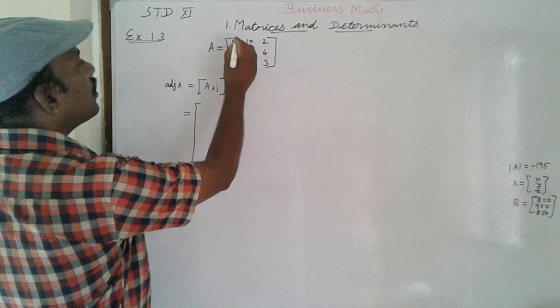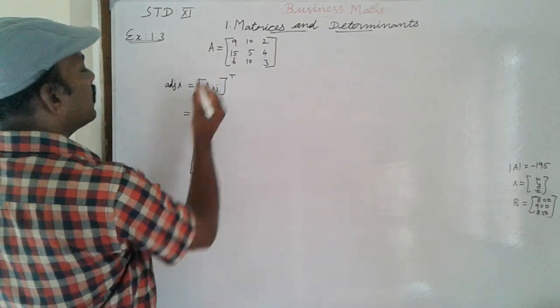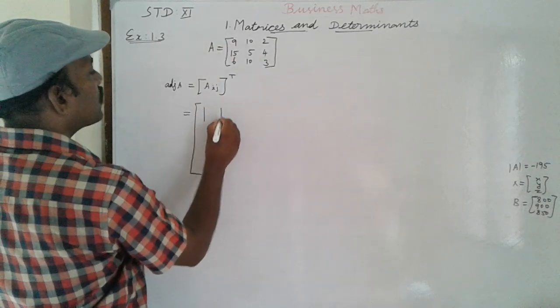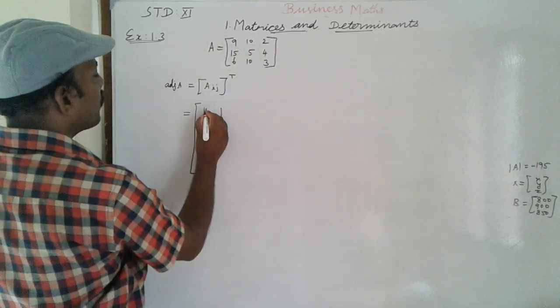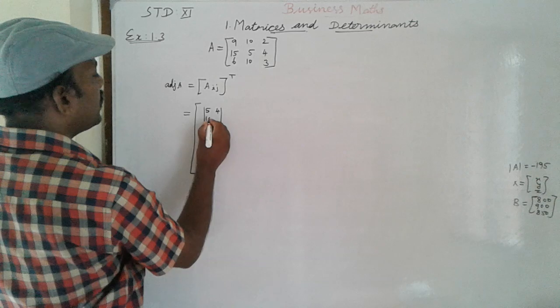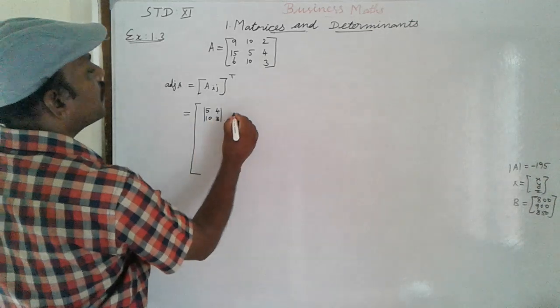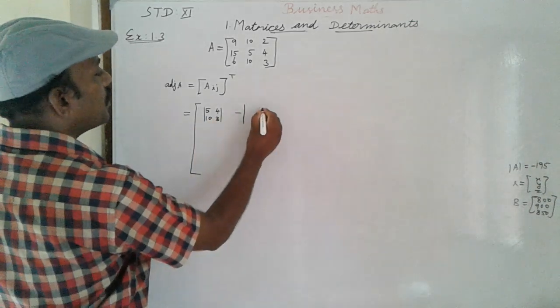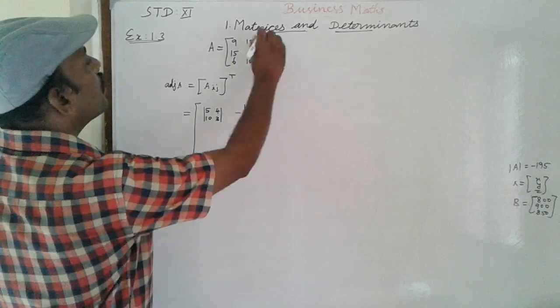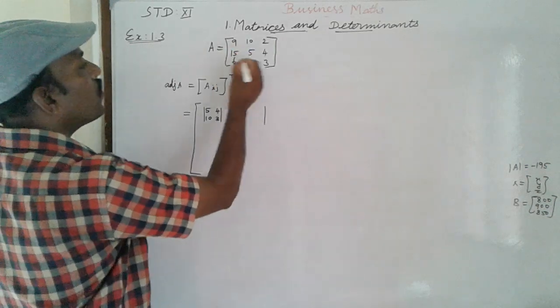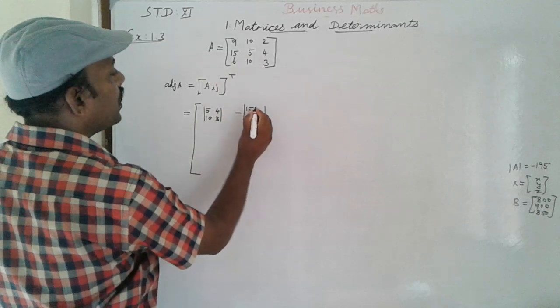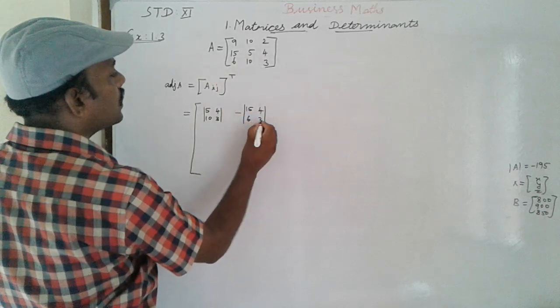First, the cofactor of 9 is the modulus of the matrix remaining after eliminating its row and column, 5, 4, 10, 3. Next, minus is the sign. Cofactor of 10: eliminate its row and column, leaving 15, 4, 6, 3.